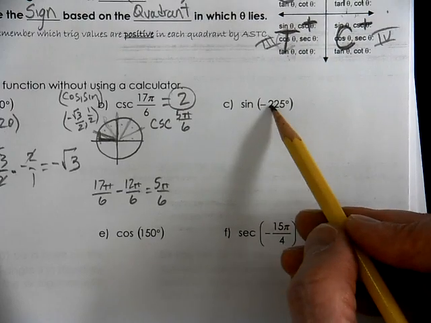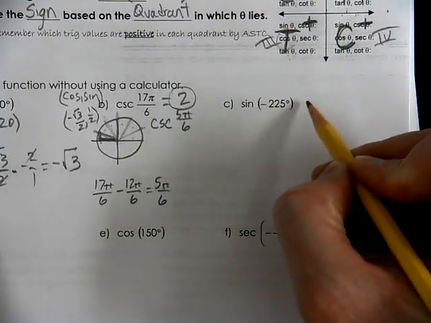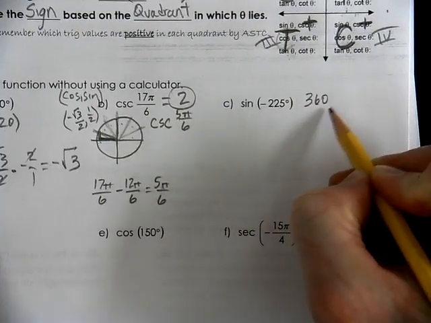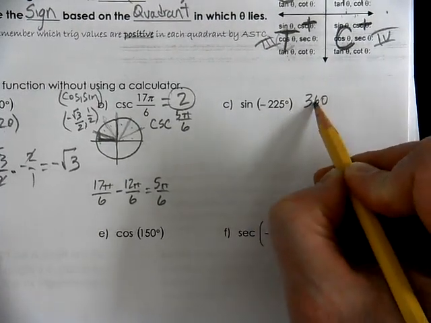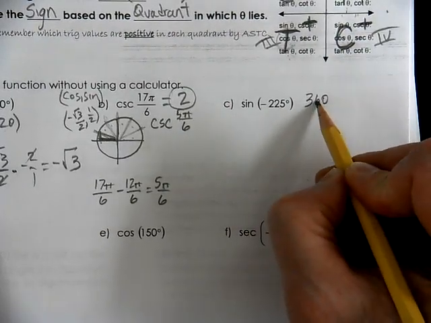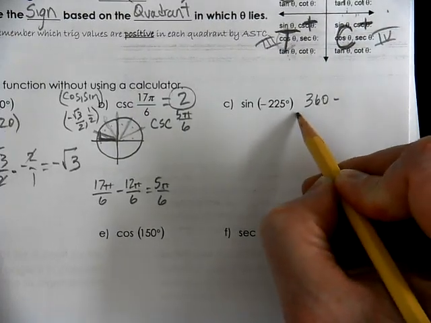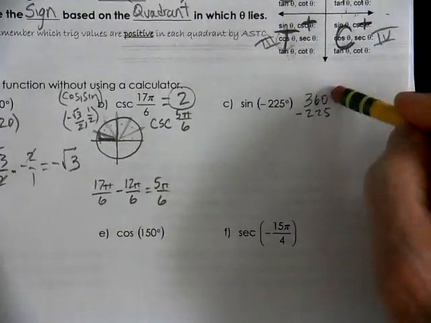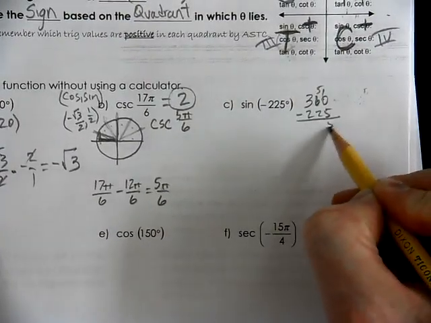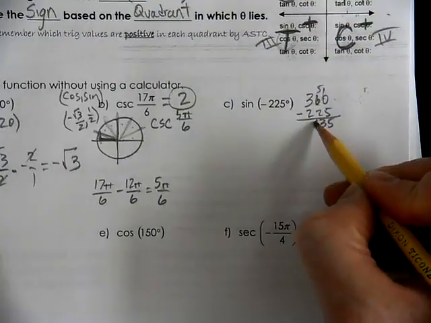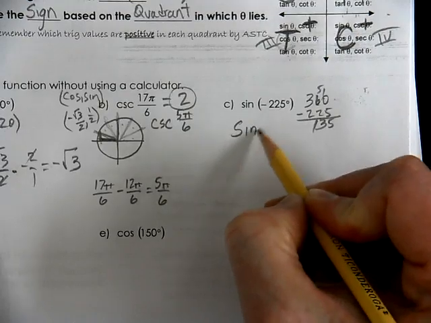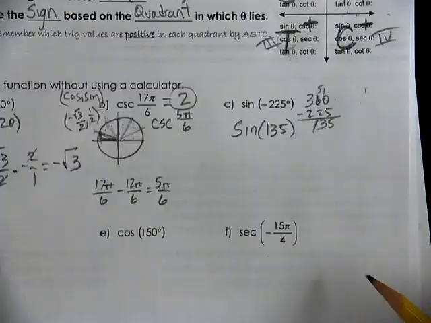Here's negative 225. Well, one thing you could do is take your 225 and add 360 to it. So I'm going to take 360 and subtract my 225. I prefer to do it this way. And I can carry my value over. So that's 135. So I found my coterminal is actually 135.